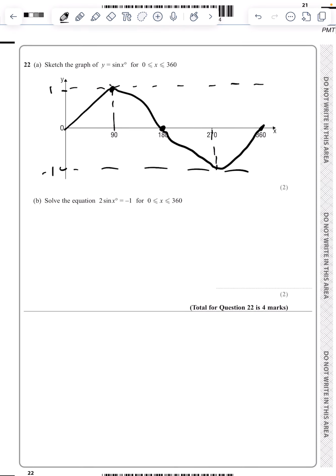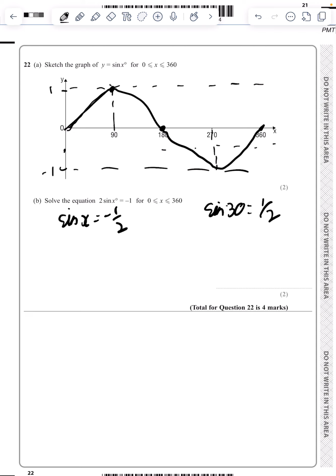And solve this equation. So sine x equals minus a half. This should be curved. You can see here minus a half is going to be here. So it's got 2 points where it cuts. Something you need to know is sine 30 equals a half.